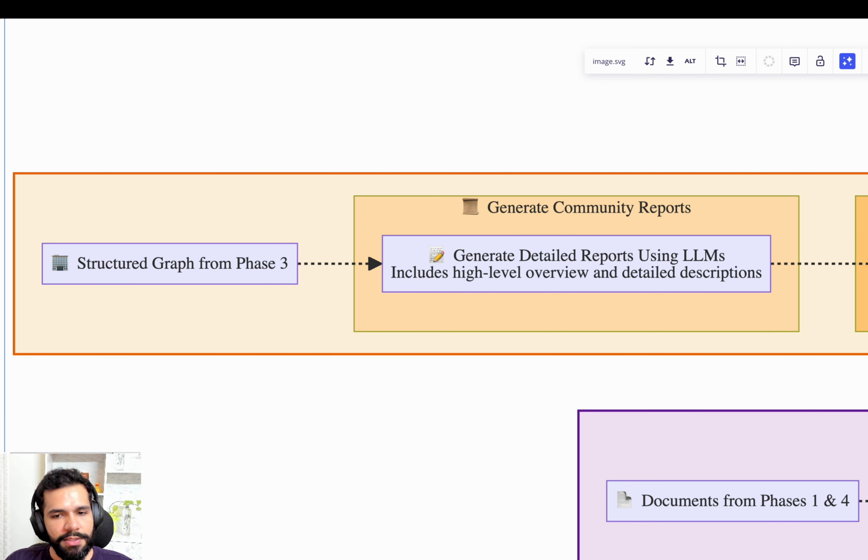So it's a two-step phase. Number one is we summarize the reports and synthesize summaries that capture the unique characteristics and key data points for each community. So it's more like an executive summary. It contains the most critical information about the entities, relationships, and claims that define each community.